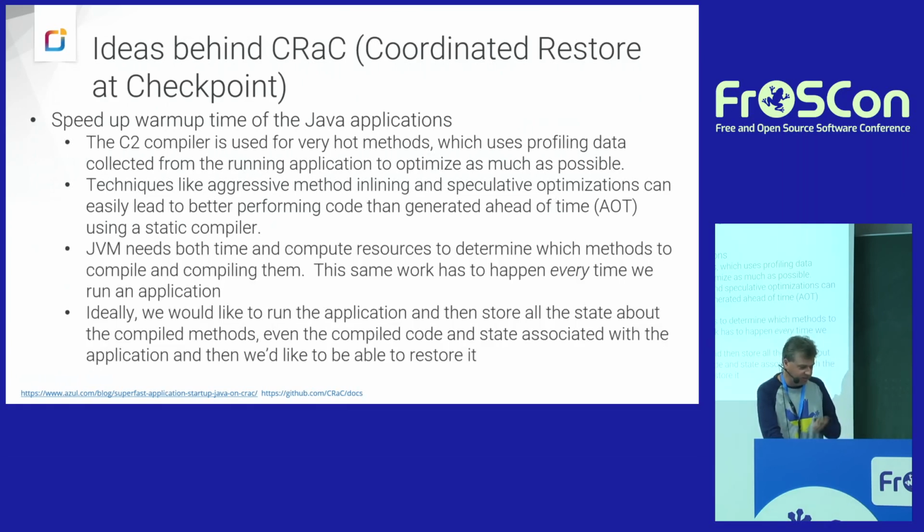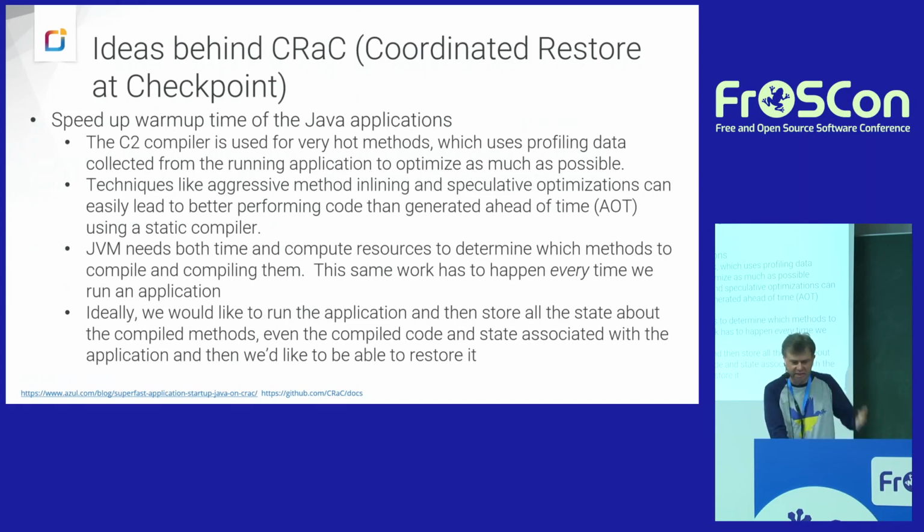This is CRaC, a Java open source project from Azul, and now you see Spring Boot supports it, and it is really gaining traction. But AWS uses it only for these hooks, and everything else is based on CRIU, because CRIU is on the operational level.